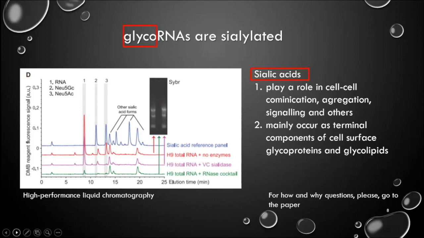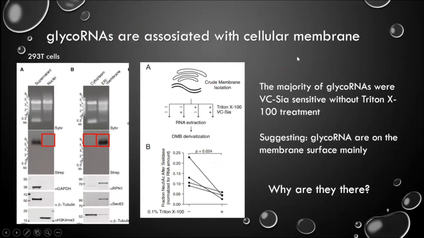With the idea that sialic acids are actually components of the glycoRNA, the authors investigated the localization of those glycoRNAs. They took 293T cells and, after treatment, obtained separately the nuclear and cytoplasmic components and the membranes.